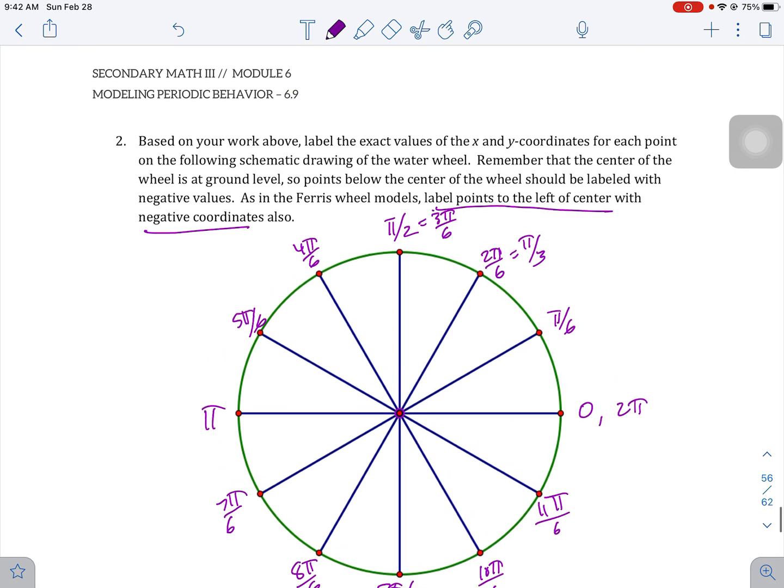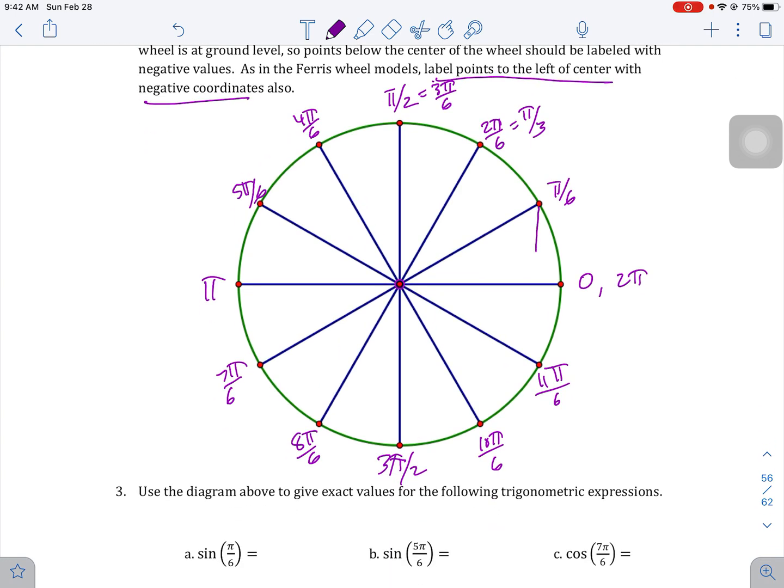They also are looking for specific points like xy values. So really, you can use these two as a reference triangle, which is really the same triangle, right? Just different angle of reference. And on pi over 6, we know that if the radius is 1, we know that the side opposite the 30 is going to be a half, and the other one's going to be the square root of 3 over 2.